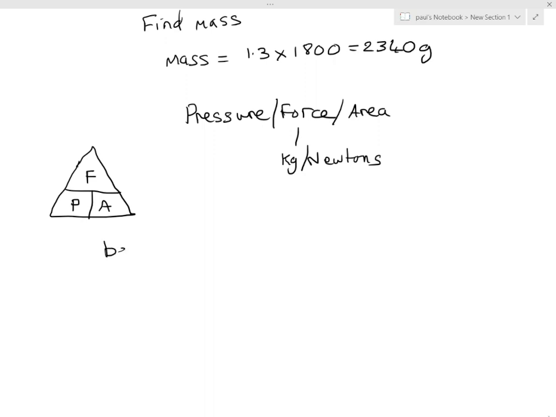So we've got a barrel. And the barrel is a cylinder, with a radius of 0.4 meters.